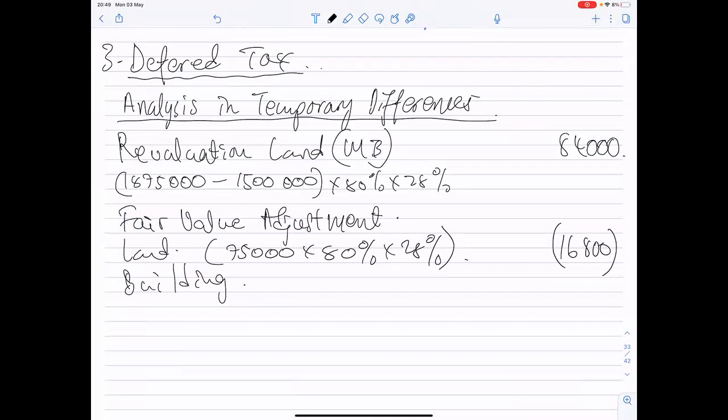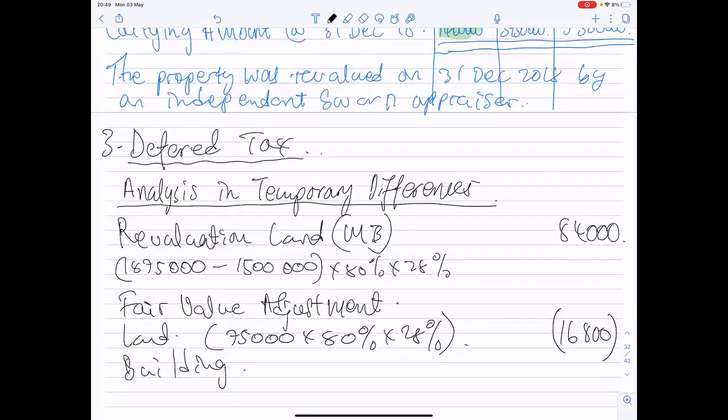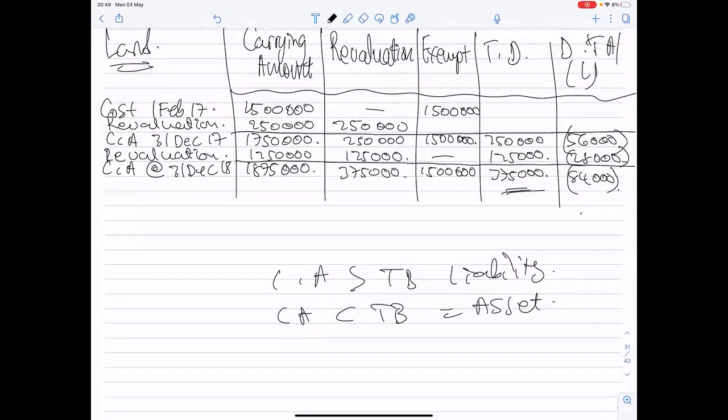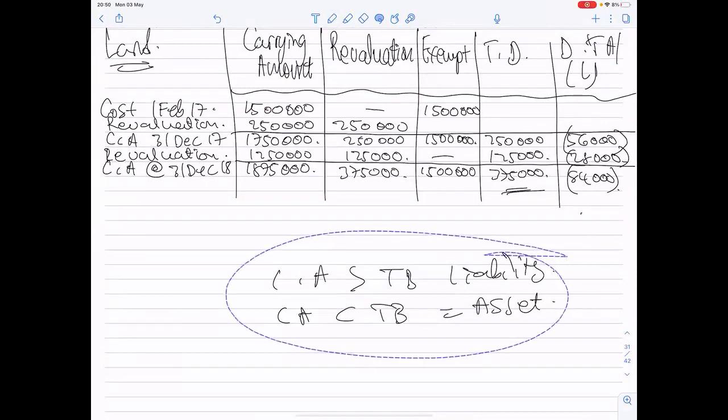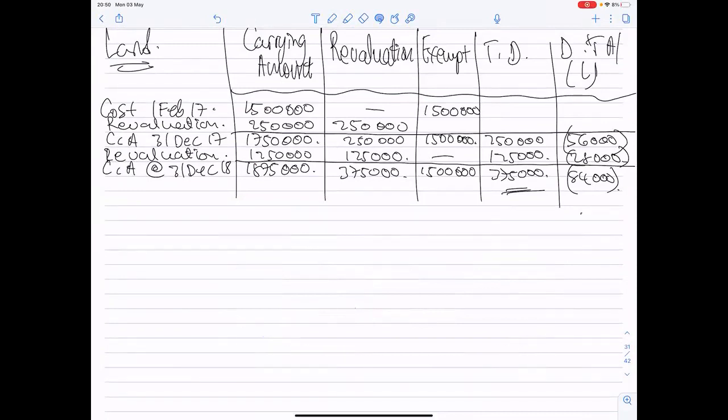Now we come to the buildings. Investment property of the building. Now, the building investment property, you obviously have your carrying amount.